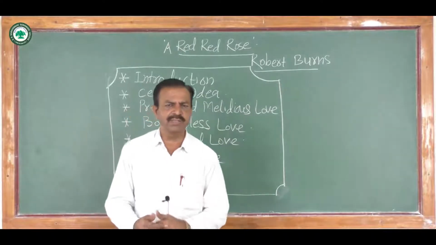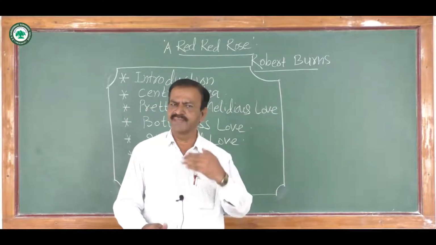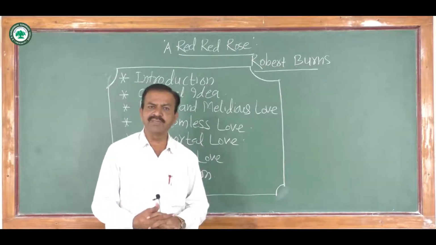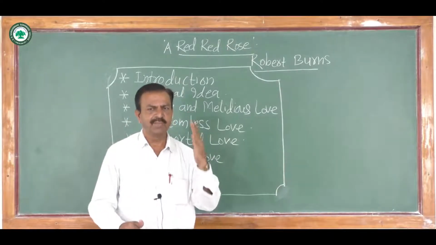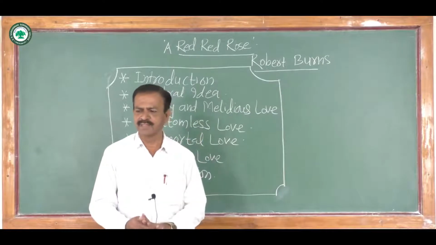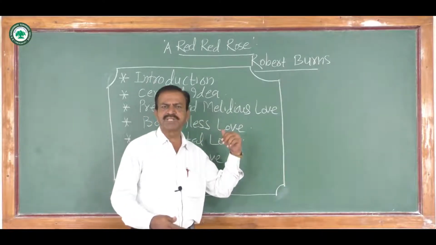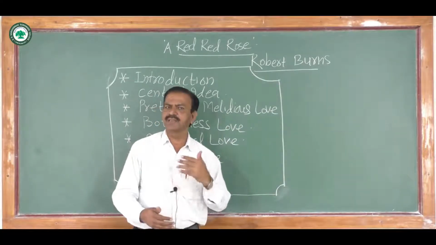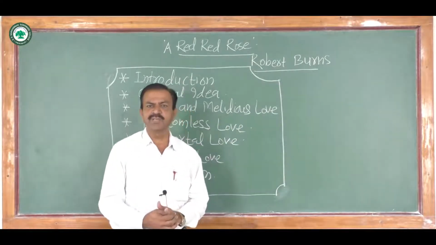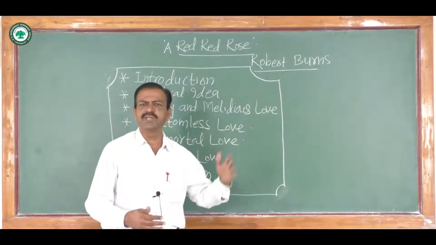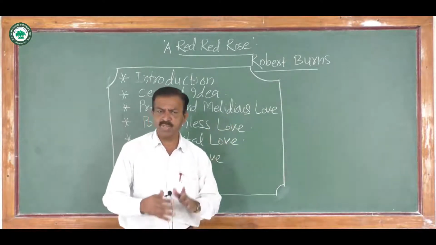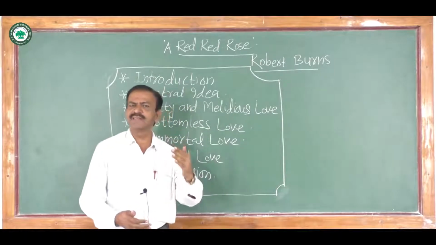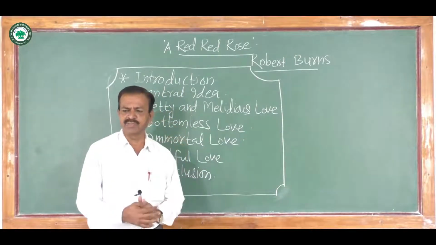In the conclusion, we'll study the theme of this poem, and then how it is loaded with different poetical devices. Now I come to the first point, that is introduction. In this introduction you are going to know about the poet Robert Burns. So Robert Burns, first of all, is a son of a tenant.